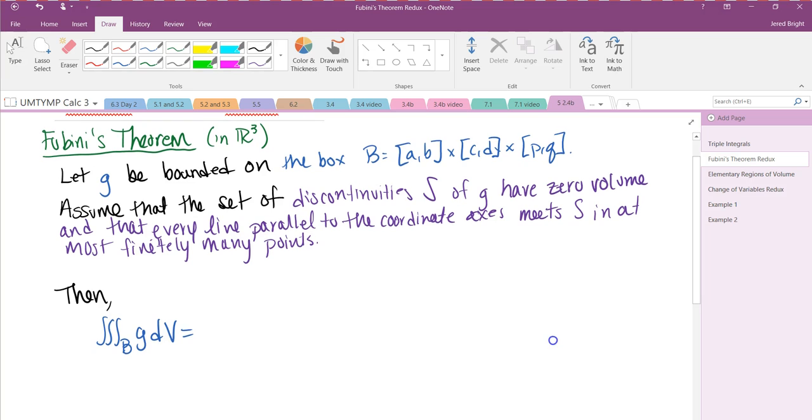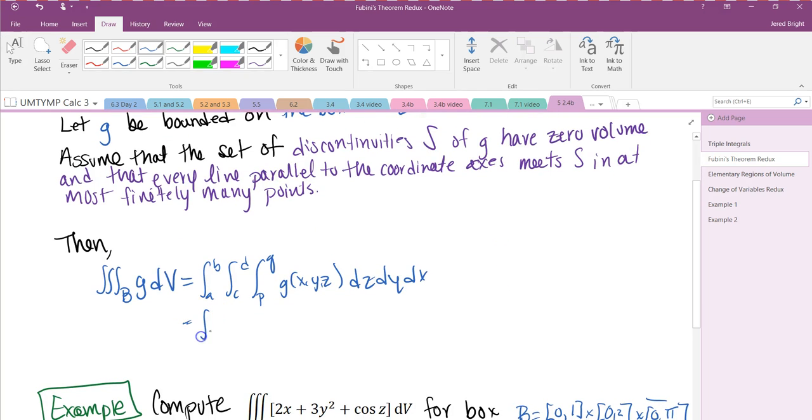And then should we meet that set of criteria, we can say that the triple integral, perhaps with the order a to b, then c to d, then p to q of g of x, y, z, dz dy dx, is the same as the integral from c to d, a to b, p to q of g of x, y, z, dz dx dy, and you can permute these; there's a total of 6 different ways.